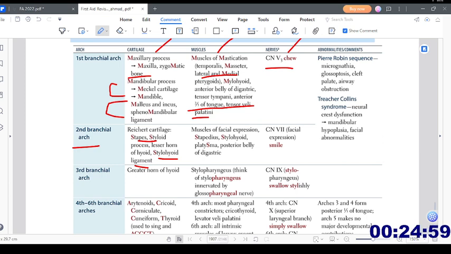So what is the single association for all the findings in the Pierre-Robin sequence? Suppose that this is a child with a small mandible, that is micrognathia. Now if the micrognathia is there, the tongue will be clustered inside the mouth.